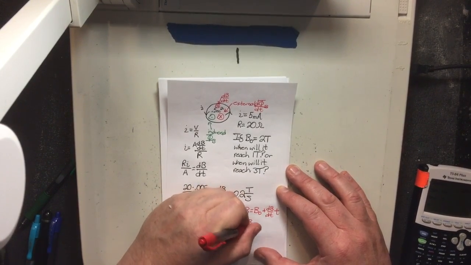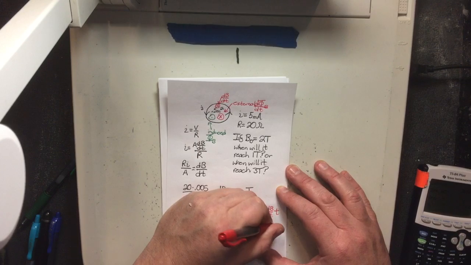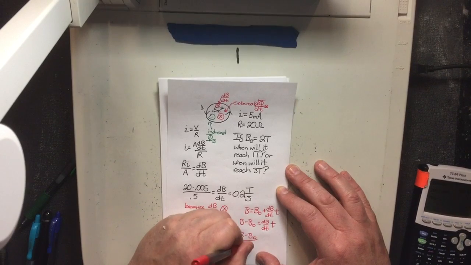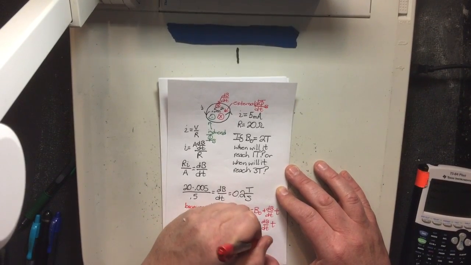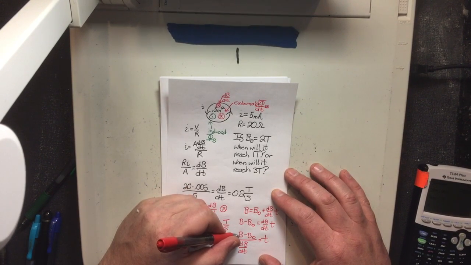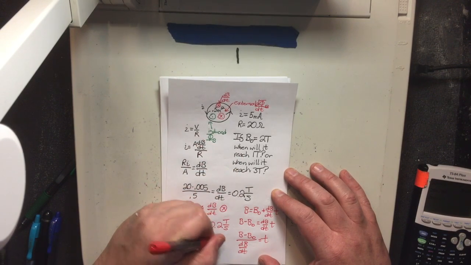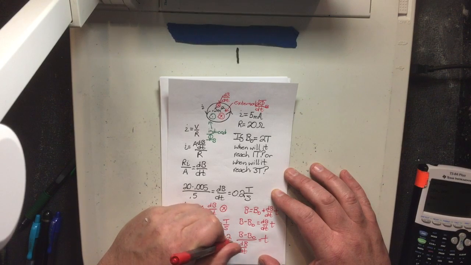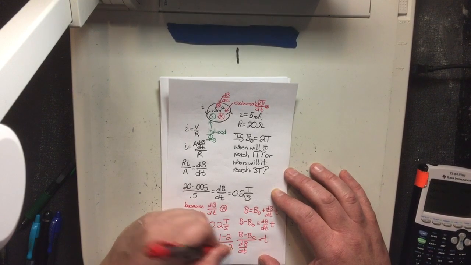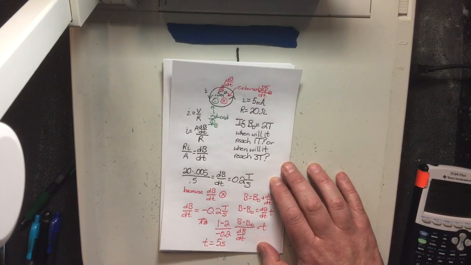B minus B naught over dB dt equals time. So my final B must be 1. My initial B is 2. My dB dt is negative 0.2. So my time must be 5 seconds.